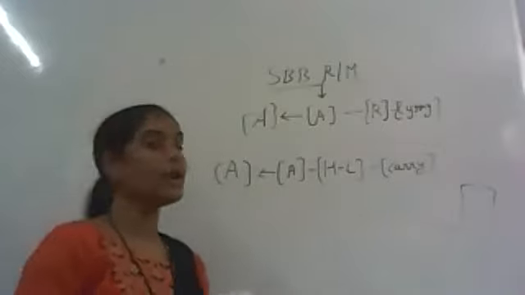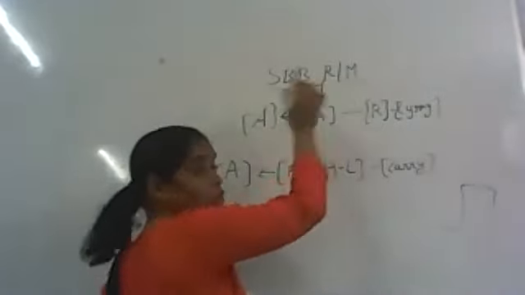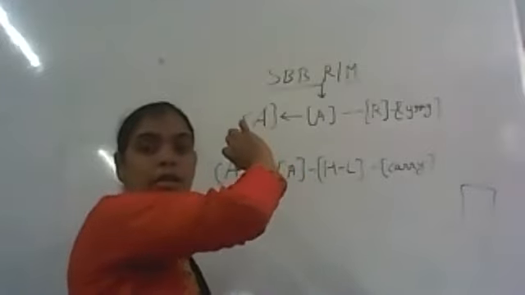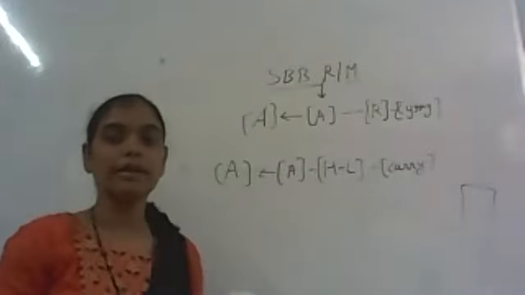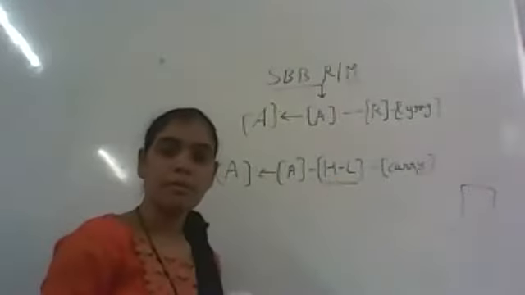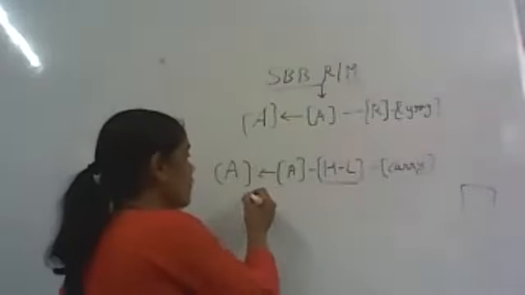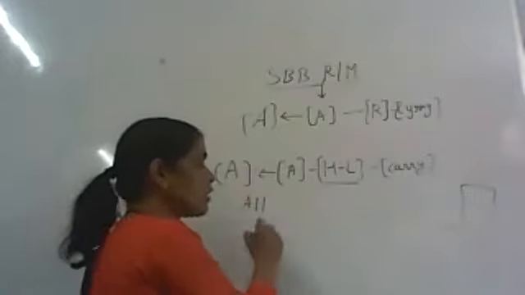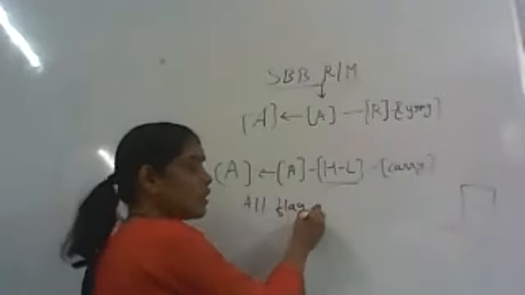If the operand is memory, its address is specified by the HL register pair. All flags are affected using this instruction.